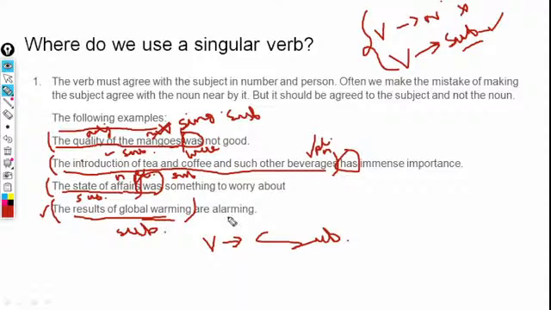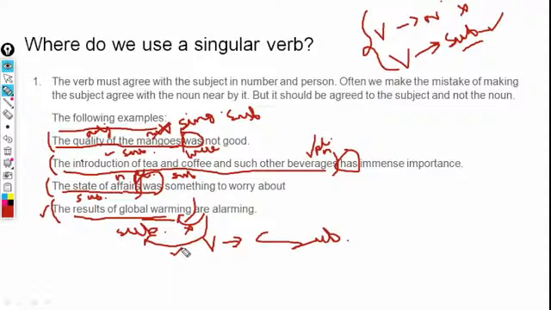We are not agreeing our verb with the noun only. We are connecting it with our subject. Because the results of global warming is entirely a plural subject, that is why our verb is also plural.